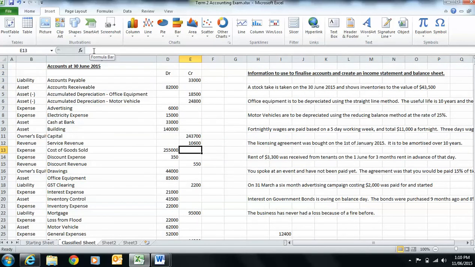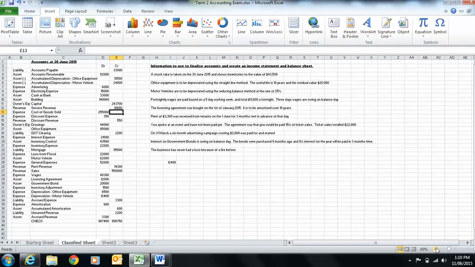And I'm just going to adjust the capital just to make sure everything balances again. So that'll be right when you look at it.